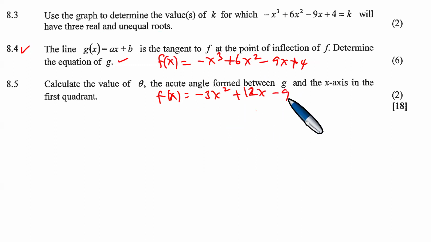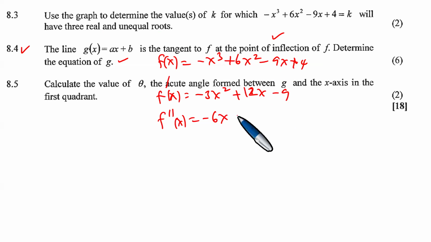The derivative is minus 3x squared plus 12x minus 9. I've prepared a lot of questions. All right, so this one is the derivative, which is f prime. And now, obviously, there's something called a point of inflection, which is at the second derivative. If you find the derivative again, you multiply 2 times minus 3, which is minus 6x. 2 minus 1 is 1.